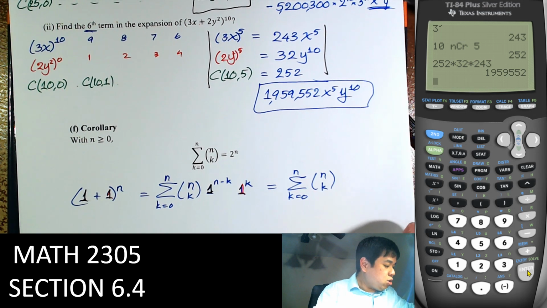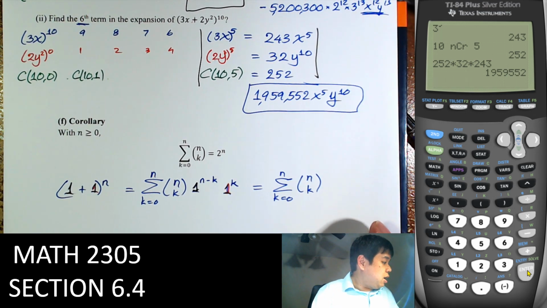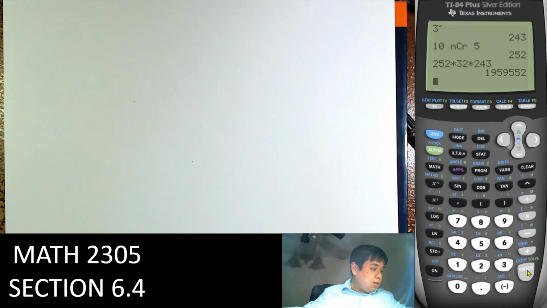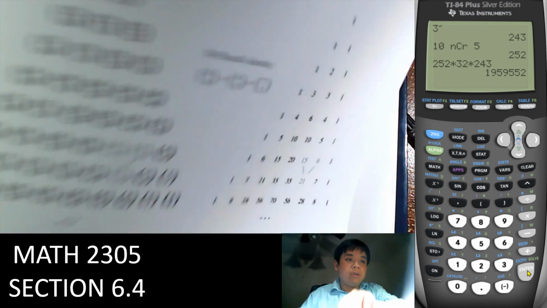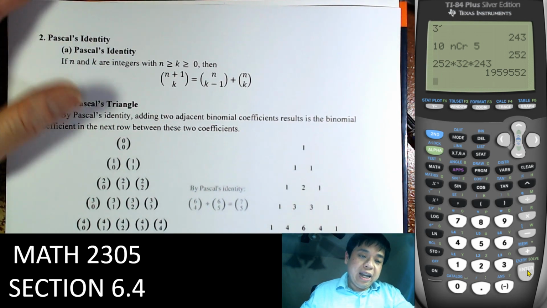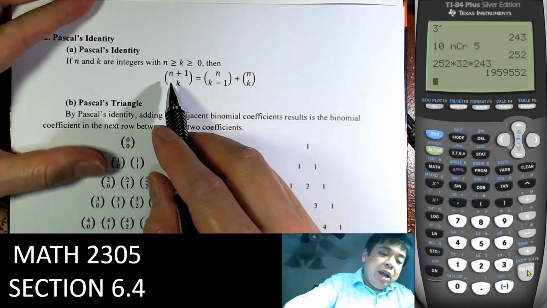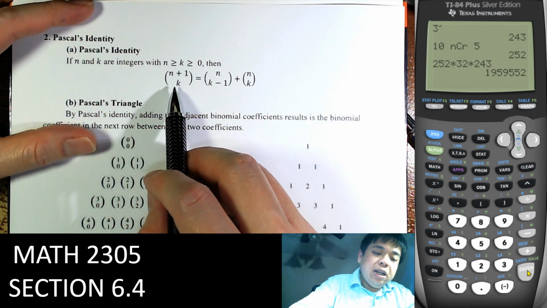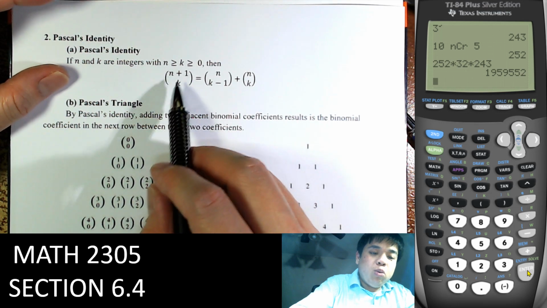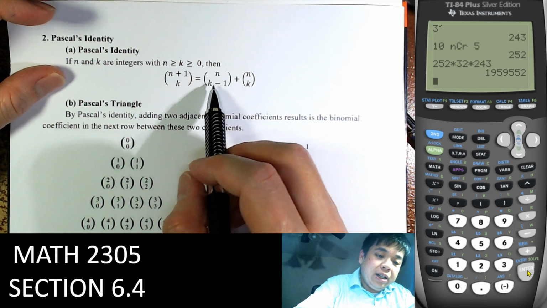Next, talking about binomial coefficients, there's another nice theorem about this, the Pascal identity. It says the combination C(n+1, k) is equal to C(n, k-1) plus C(n, k).